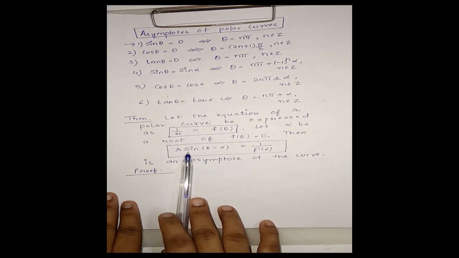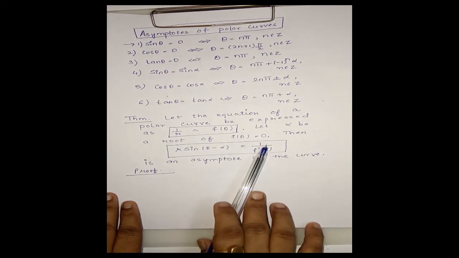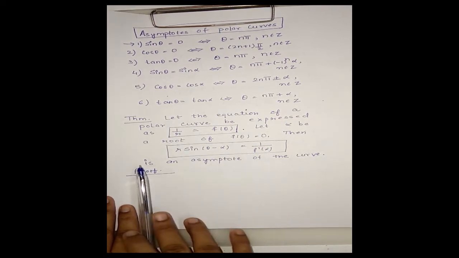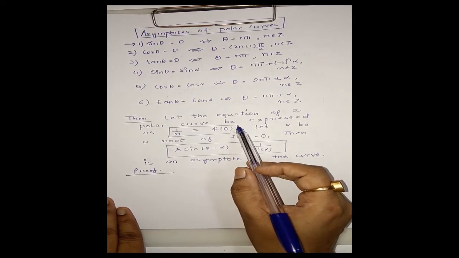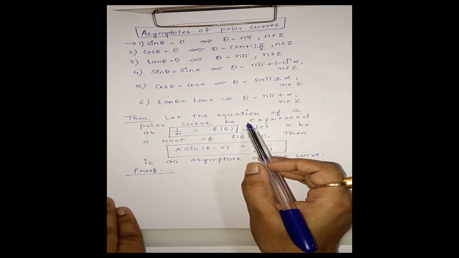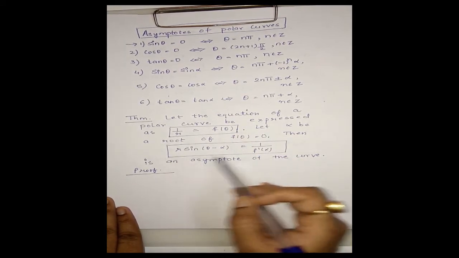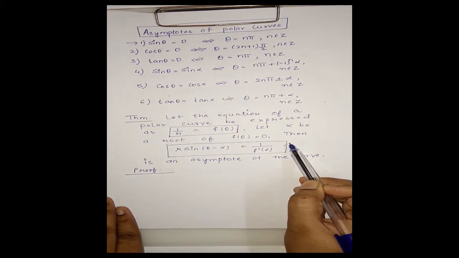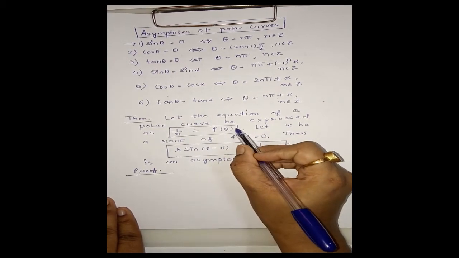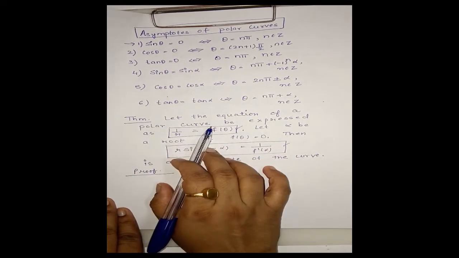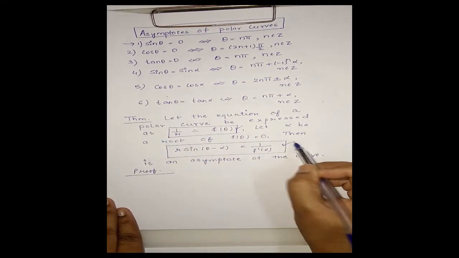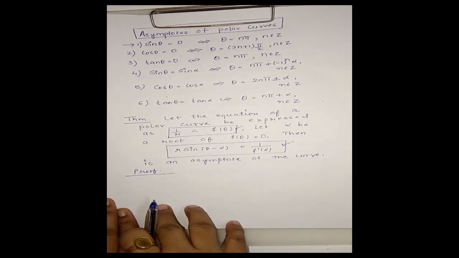Then r sin(theta minus alpha) is equal to 1 by f dash alpha is an asymptote of the curve. If my polar curve equation is 1 by r is equal to f theta, then this is my equation of asymptote.